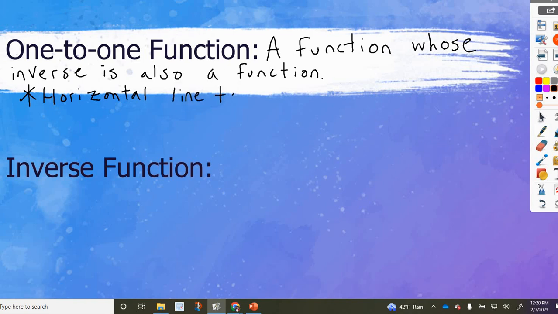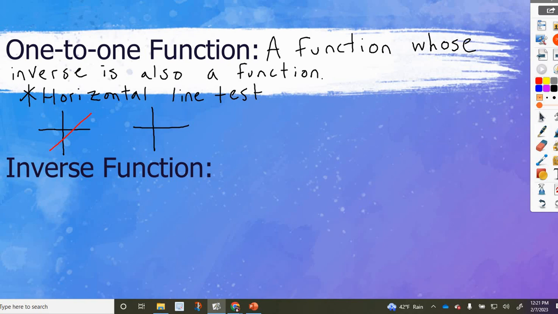So hopefully y'all are used to using our vertical line test to check if something is a function. And in the same way, I could use our horizontal line test to check if something is one-to-one. So if I have the graph, let's say it's just a linear graph, would that function be one-to-one?